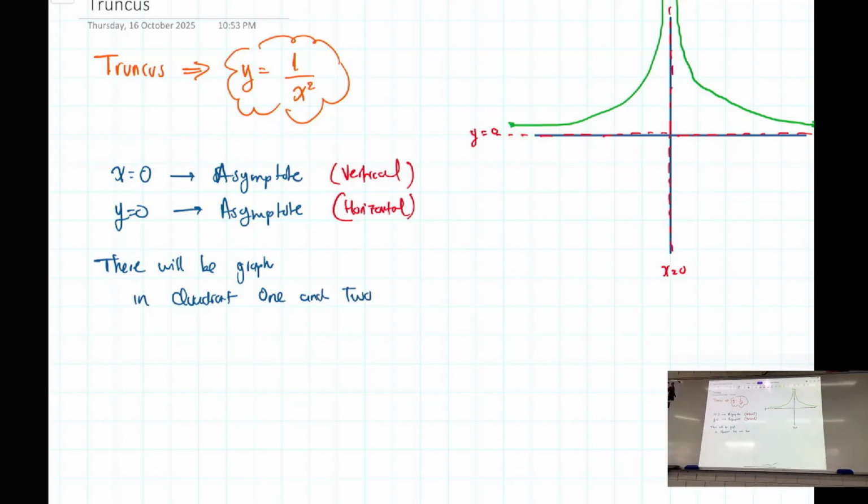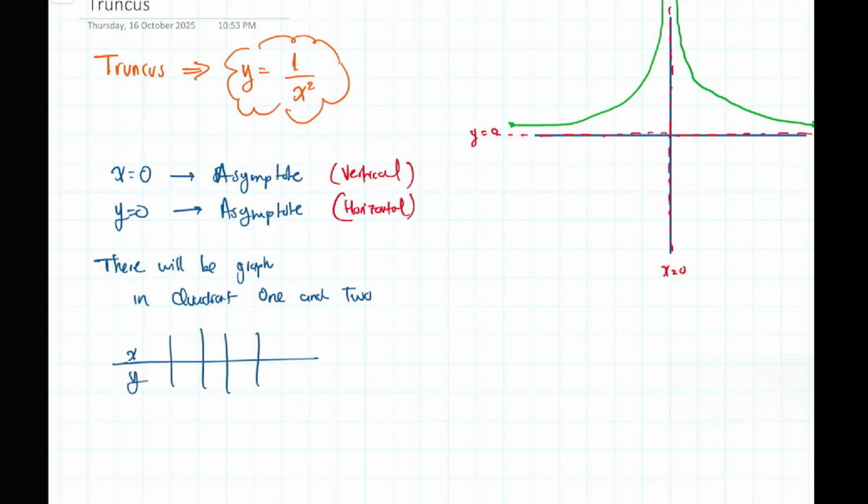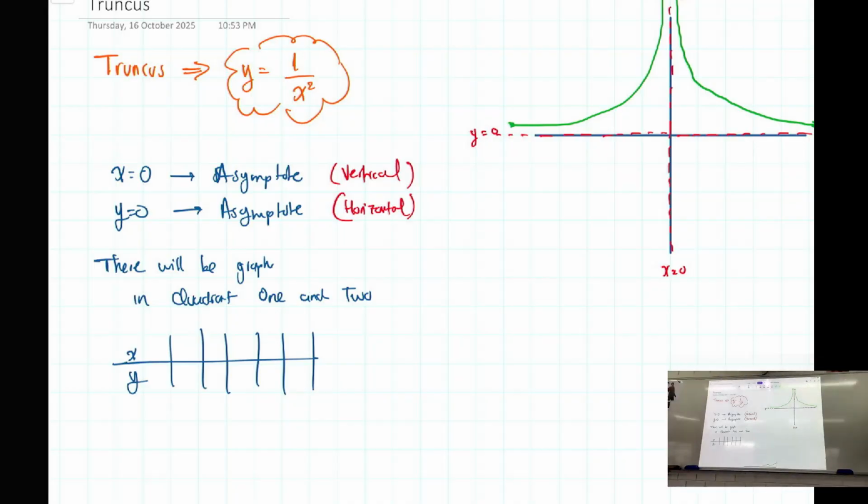All right, it's like two branches of this graph, and let's prove it as well. Let's graph this. Okay, so let's do a table of values always to prove this, x and y. And of course, there is no value at 0, so I'm just going to do 1, 2, and 3, minus 1, minus 2.